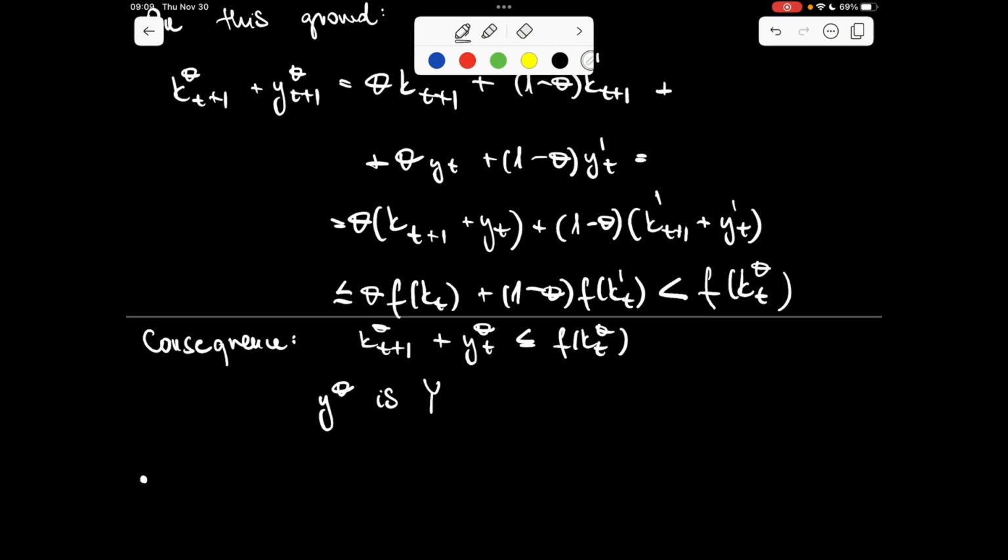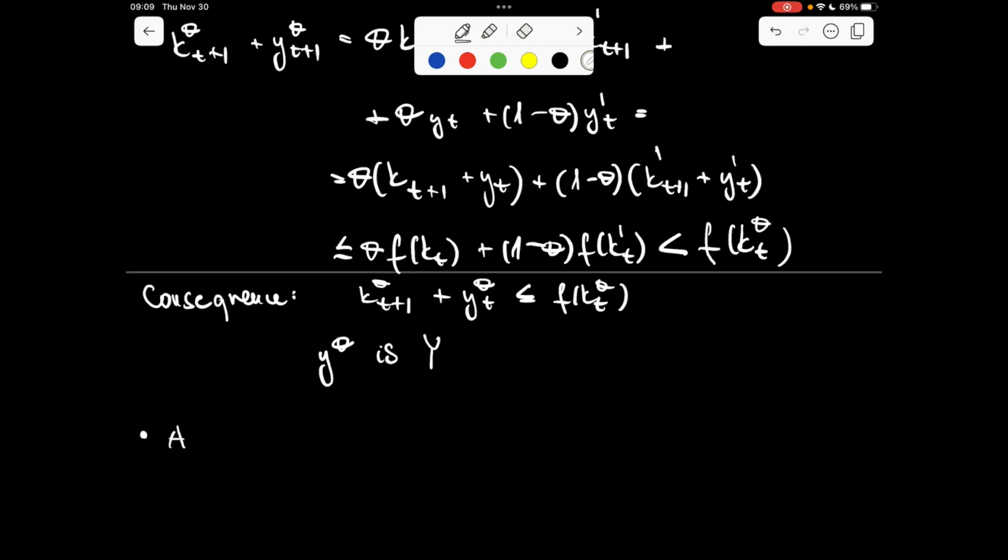And last but not least, let's have a look at assumption 15.5. The production set has an interior point.